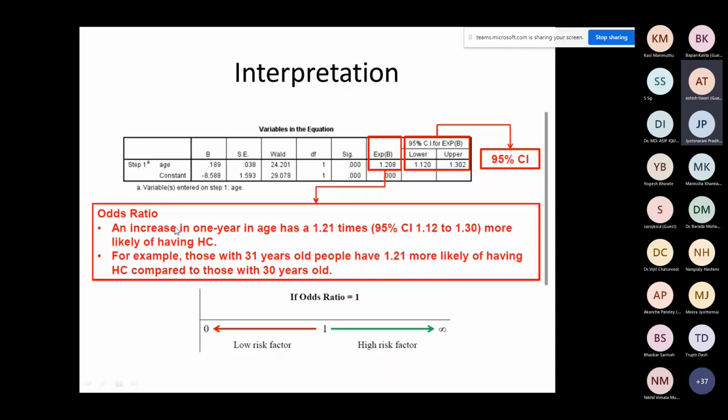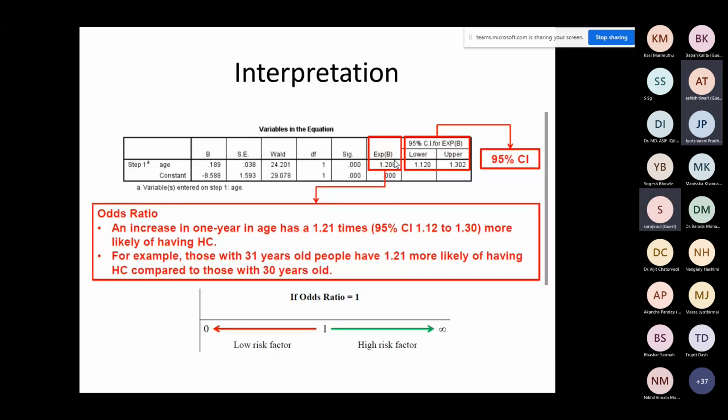An increase of 1 year in age has 1.21 times more likelihood of having hypercholesterol. For example, your age is 31, someone is 30. So you, at 31 years, have 1.21 times more likelihood of having hypercholesterol compared to your 30-year-old friend.